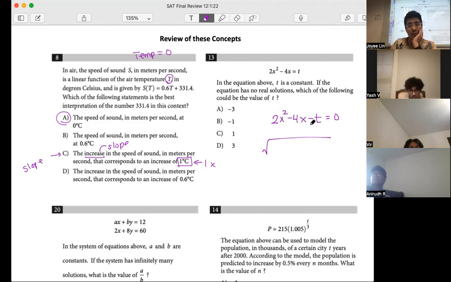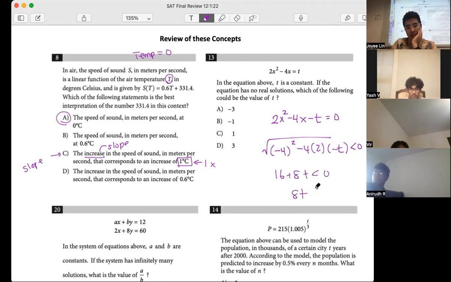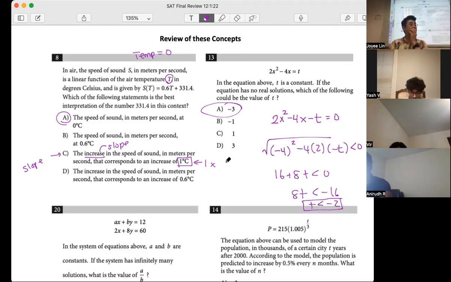We move the t over, so then it's actually negative t, right? So b squared minus 4ac all less than 0. So 16 minus a minus is plus 8t is less than 0. 8t is less than negative 16. T is less than negative 2. Yeah, that's the quickest way to do it. This is the non-calculator section.